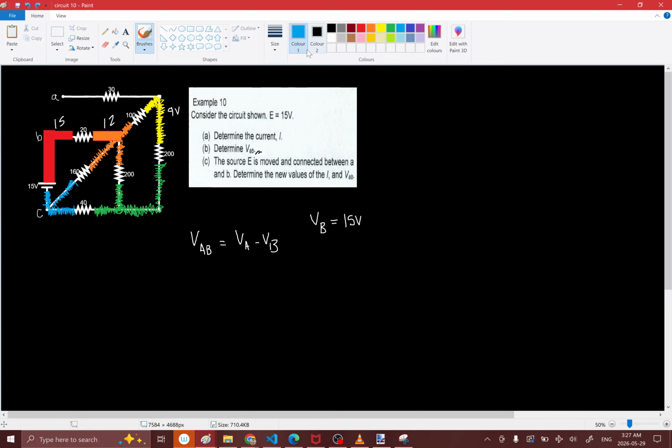Okay, so the voltage at A, what's it going to be? Well, there's no electrons going there. So you might say, well, the voltage is equal to 0. That's not true.